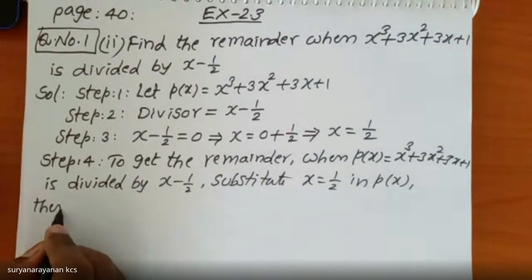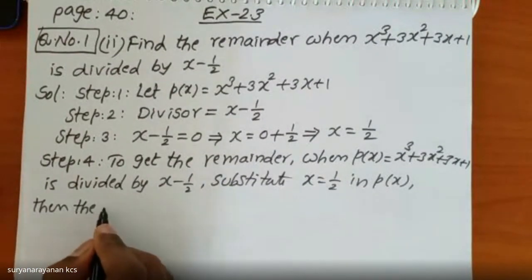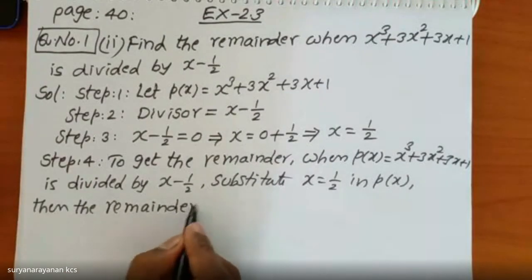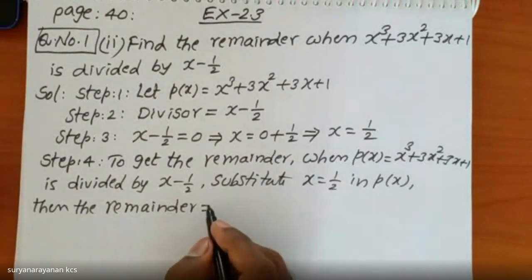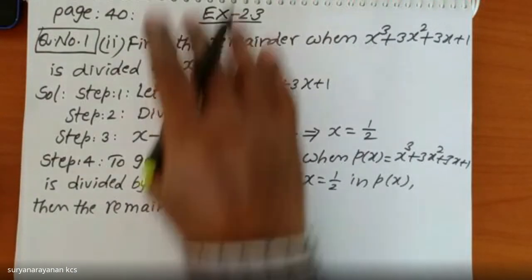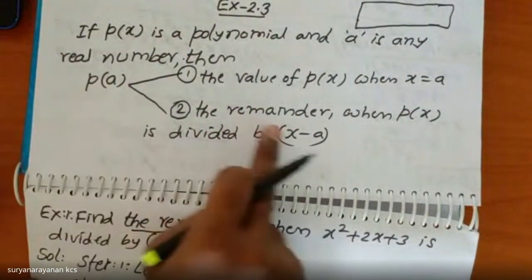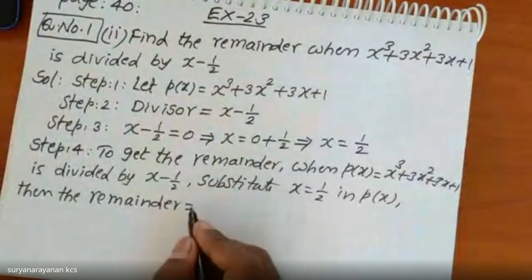Then the remainder, what is the remainder? Tell me. How do you denote the remainder? Previously also I told you. Remainder is P of A. P of A means what is the value of x here? 1 by 2. So P of 1 by 2.